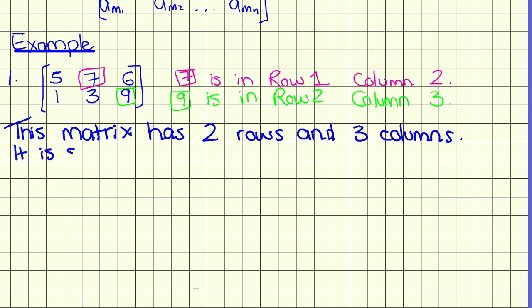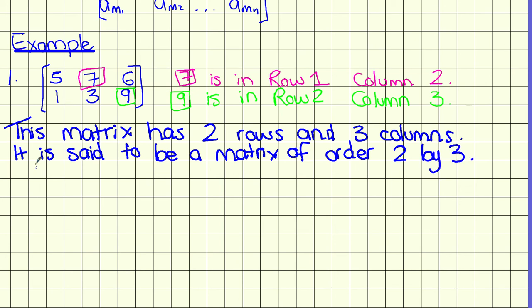It is said to be a matrix of order 2 by 3. And we just call that 2 times 3. And that's how we say the order of this matrix. So it's 2 by 3.